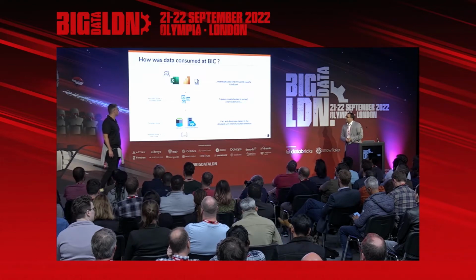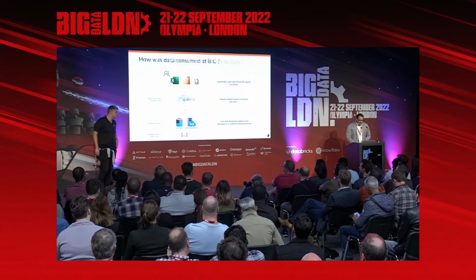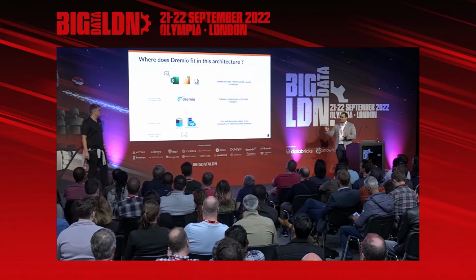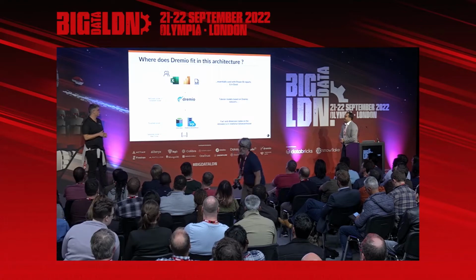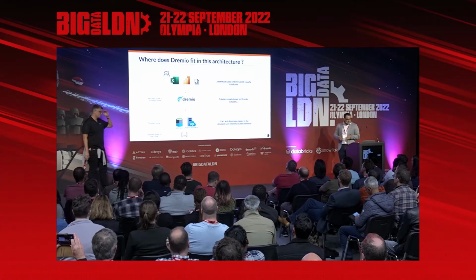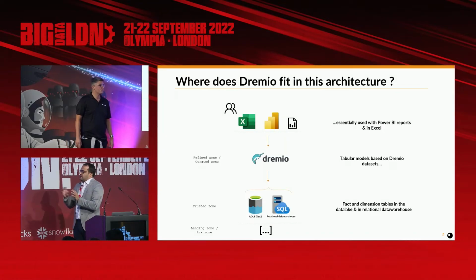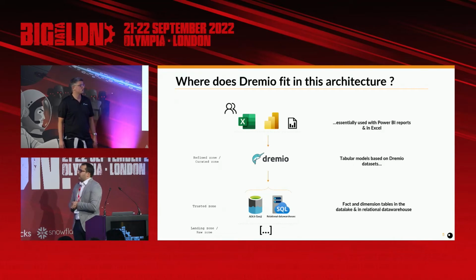Cool. So then what did your architecture look like after you looked at Dremio? Yeah, so an overly simplified schema. We'll get into details in the next slides. But basically, Dremio fits in the architecture. Let's say it can actually replace the analysis services layer. It sits there in that refined zone, that curated zone.